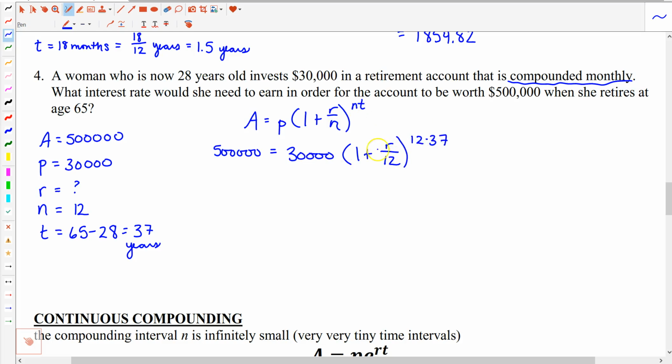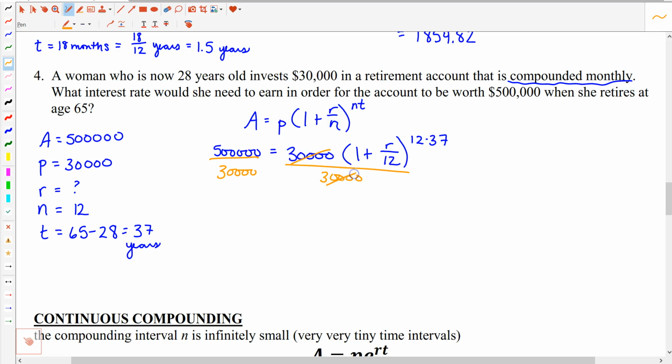Ultimately, I want to solve this equation for little r. Now I'm going to clean up this exponent on this next step, but the other thing is if I want to solve this for little r, I don't need this factor of 30,000 to be over here. So I can go ahead and divide both sides by that to get it off this right hand side. Okay, so I'm going to do two things at once.